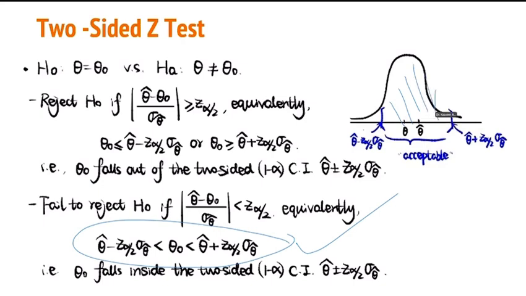When theta naught falls within that boundary of lower and upper, of course, we're going to fail to reject the null hypothesis. But the moment it falls outside the confidence interval, we're going to reject the null hypothesis. You can see the relationship now between a two-sided test and a two-sided confidence interval.